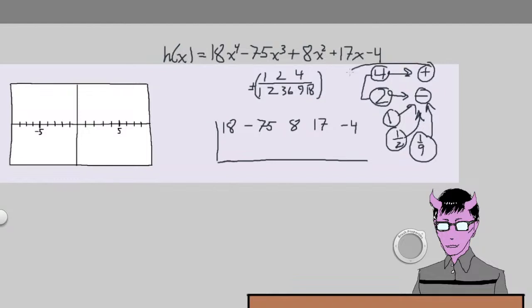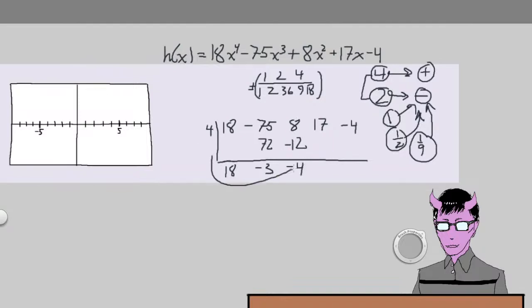Maybe I messed up the times 4. Maybe that's what's going on. Let me double check again. Yeah. 18 is 2 times 9, so 8 times 9 is 72, yes. So we get negative 3 as a remainder. Then negative 12, summing that, negative 4.